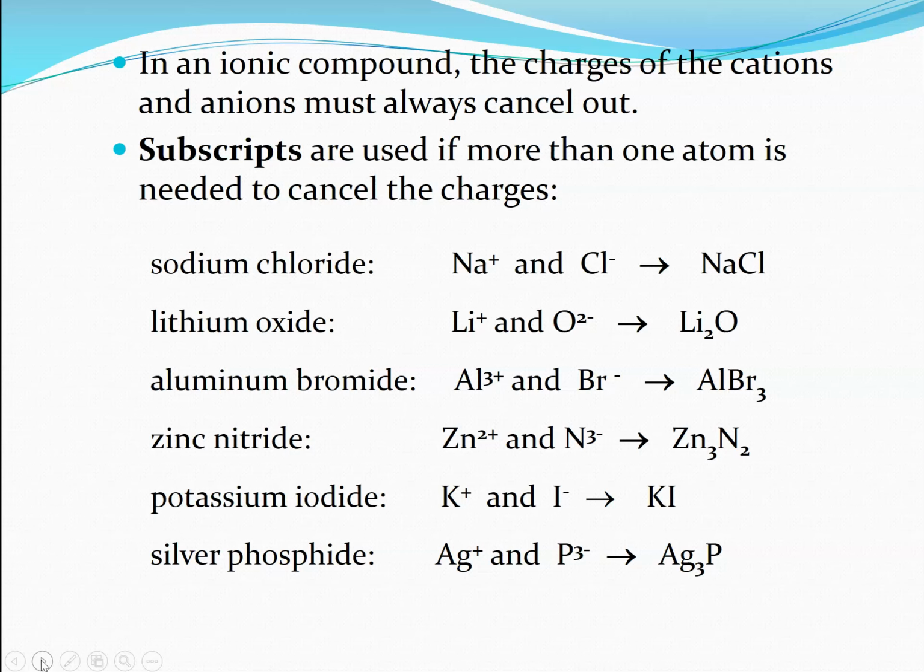Phosphorus has a 3-. They're not the same number, opposite charges. So the 1 from the silver becomes the subscript of the phosphorus, and the 3 from the phosphorus becomes the subscript of the silver. And as you see, phosphorus does not have anything written after it because it would have been a 1. You don't have to write it.